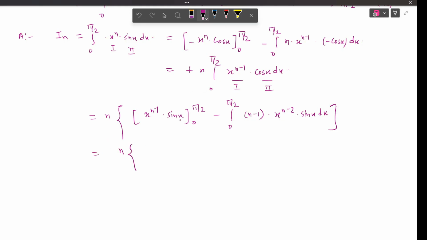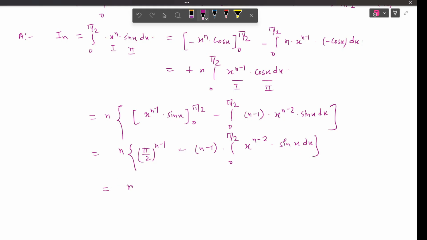So this would be n. If you put pi by 2, sine pi by 2 is 1. So this is pi by 2 to the power n minus 1 minus n minus 1 into integration 0 to pi by 2 x to the power n minus 2 into sine of x dx.